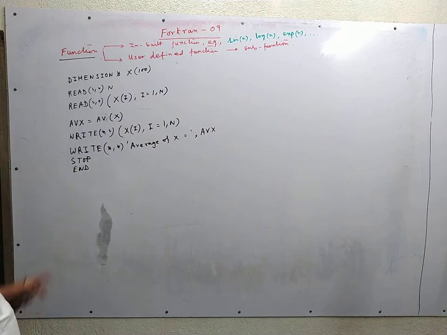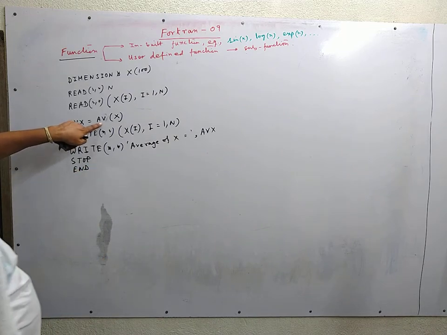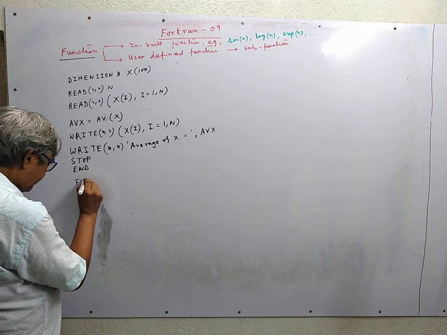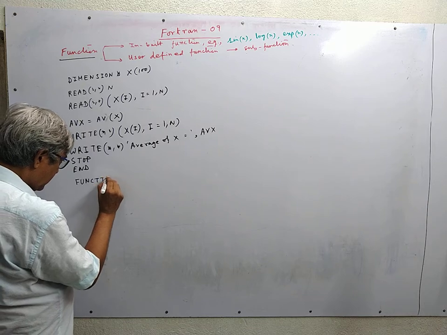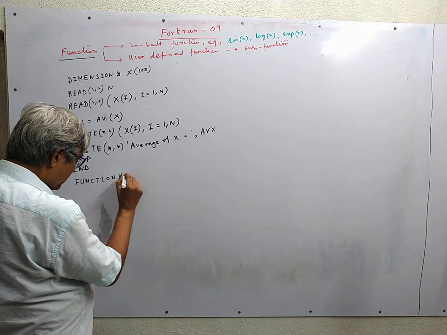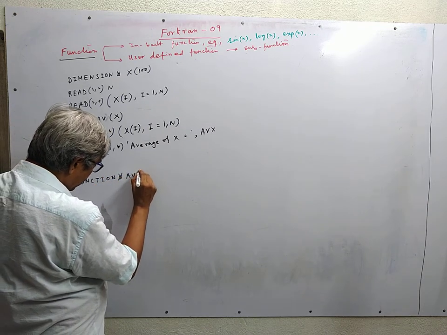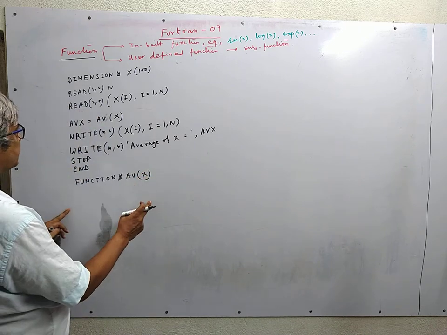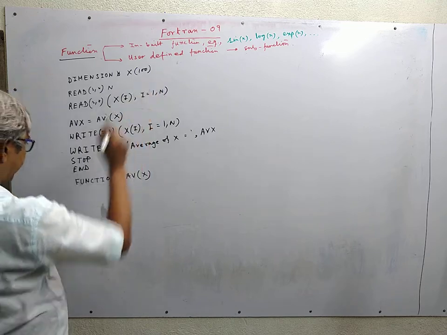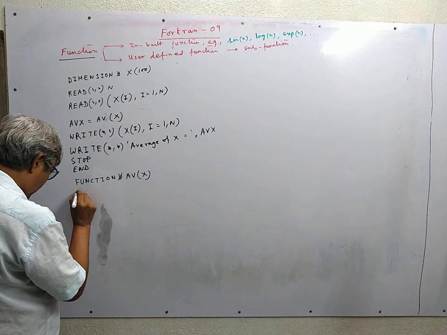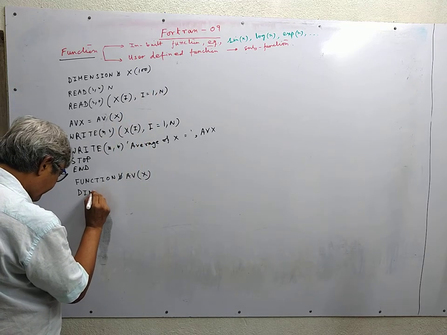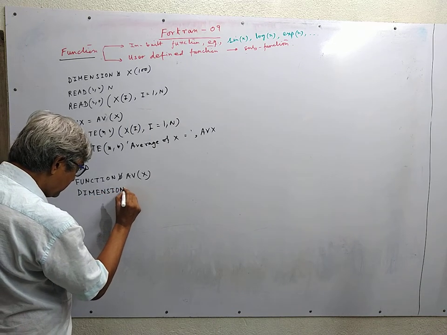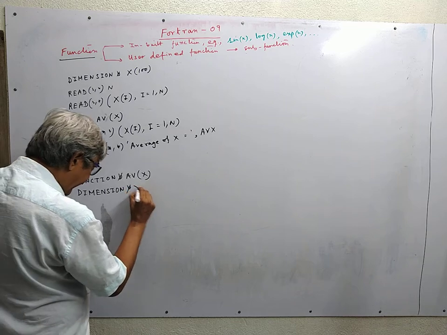Now come to the function. AV is a function, so we write function AV, and you may write x. Since x is a dimension variable in the main program, here we must also write x.